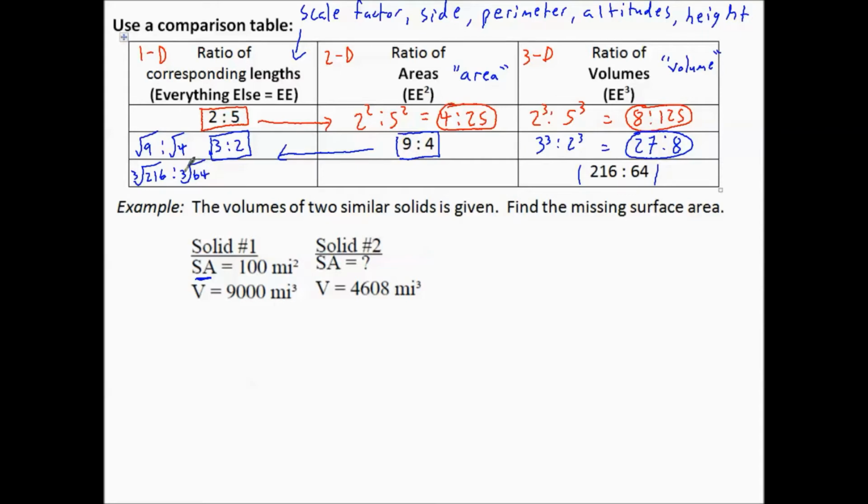If you've forgotten where the cube root button is on your calculator, hit the math button, pull up the math menu, and you should see it staring right at you. I believe it is number 4. So when you cube root 216 and you cube root 64, you get a ratio of 6 to 4. Believe it or not, this can be simplified to be the same as 3 over 2.